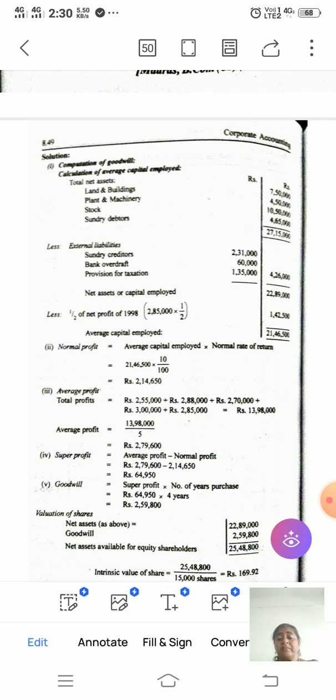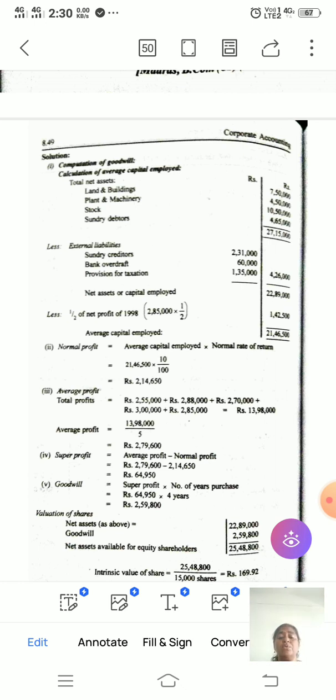For this, net asset capital employed is given. So in this problem they have asked to take only 4 years of purchase. So we are taking the current year profit, and half of the year should be deducted in the computation of goodwill, because they asked to take only 4 years. If they have not given the 4 years, simply we can take the whole 5 years.